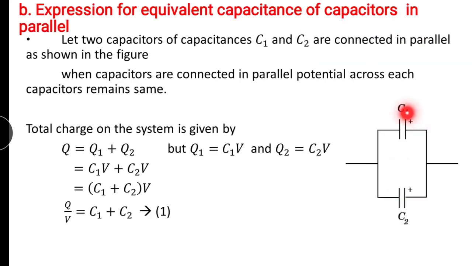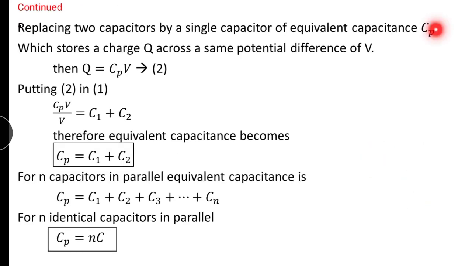Replacing these two capacitors by a single capacitor Cp, which stores the charge Q across the same potential difference V, the charge Q is equal to Cp into V. By equations 2 and 1, we can substitute the value of Q, so Q will be Cp into V, so that Cp V by V is equal to C1 plus C2. Now cancel V and V, so we get Cp is equal to C1 plus C2. So this is the equivalent capacitance of two capacitors connected in parallel.